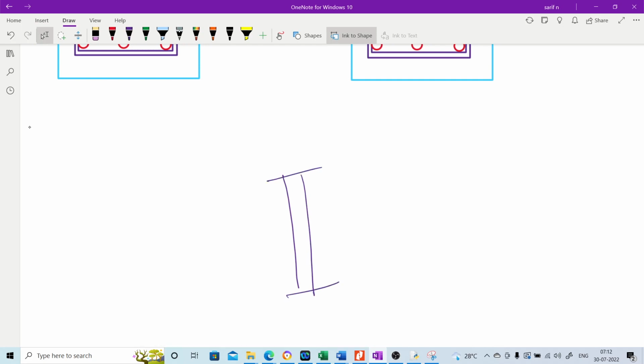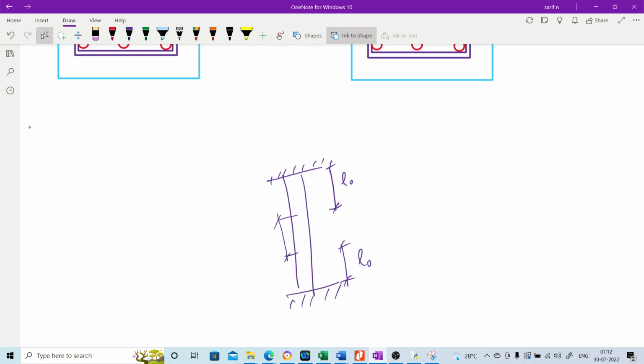Okay, we have a column. So basically what it means is, from the support on either side for a length L0, we should be providing special confining reinforcement similar to that of a beam, and in the remaining portion we can provide normal reinforcement as required by the design.